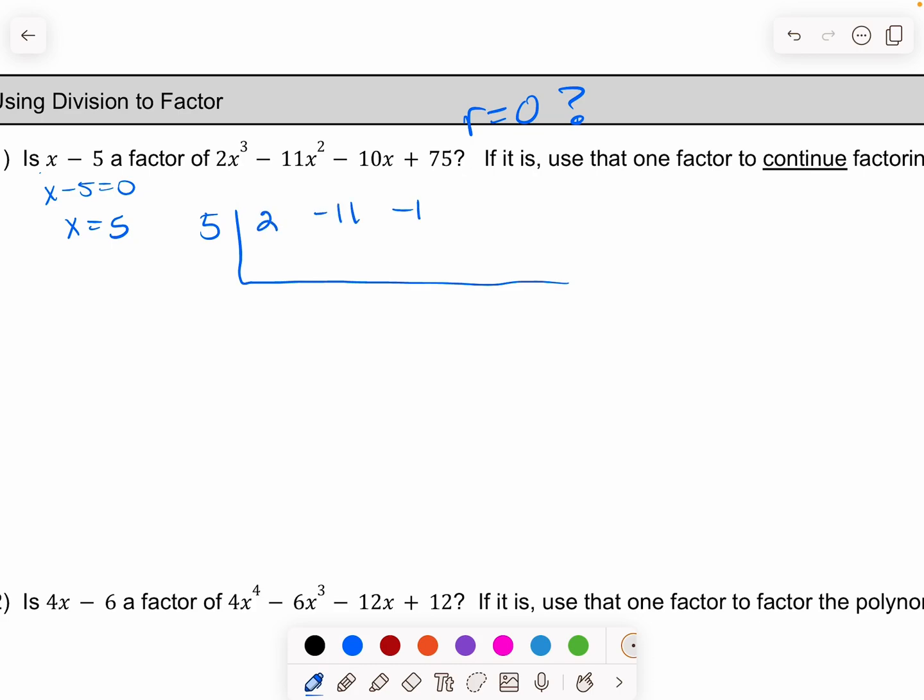Negative 11, negative 10, 75. First number down, multiply. Add them up. Multiply. Add them up. Multiply. Add them up. Yes, x minus 5 is a factor.